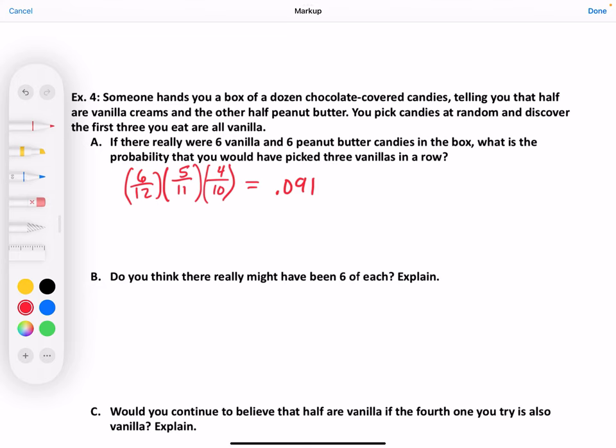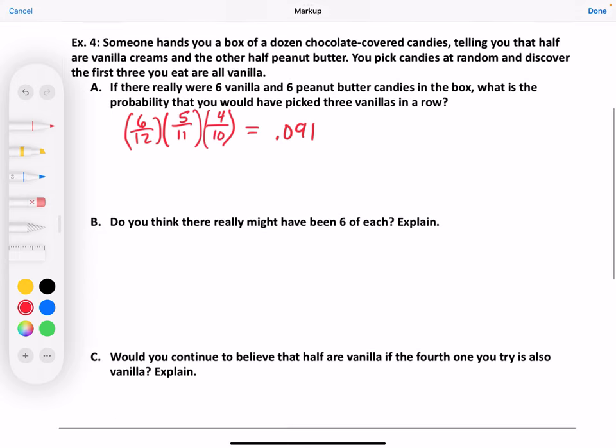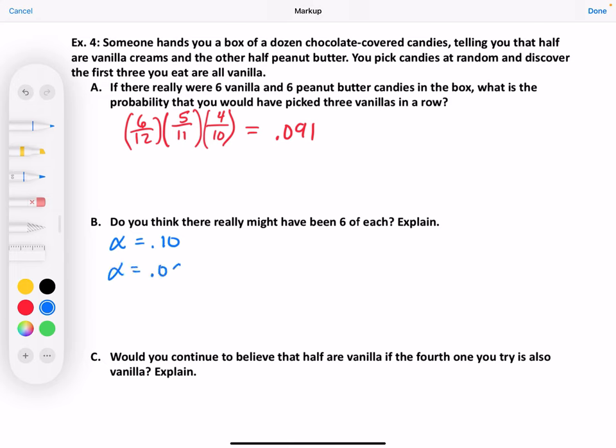So I'm going to come back to this in just a second, but I'm going to go down here. So do you think there really might have been 6 of each? So there's a couple different things that we can do, or what we would look at. They're called alpha levels. So alpha could be 0.1. Alpha could be 0.05, or alpha could be 0.01.